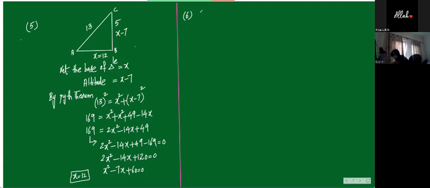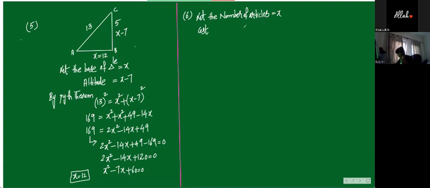Let the number of articles be x. And the cost of each article will be, it is given, twice and 3 more than.